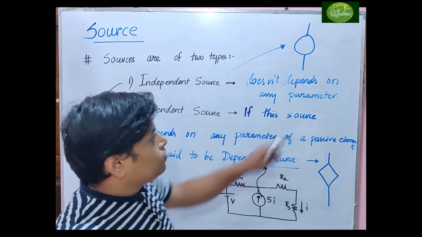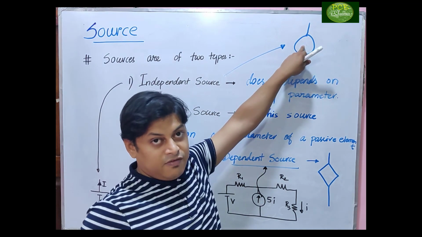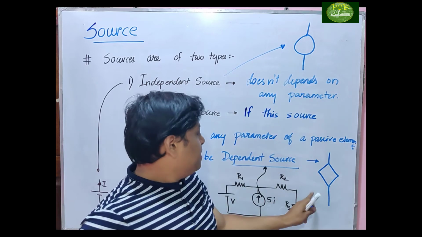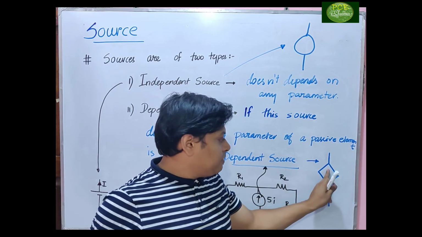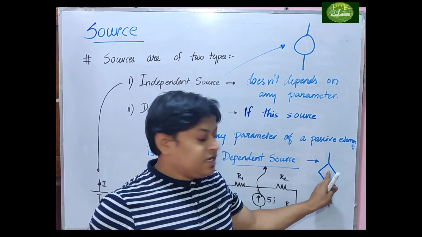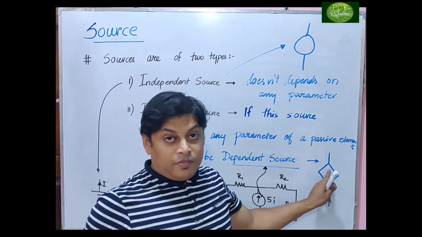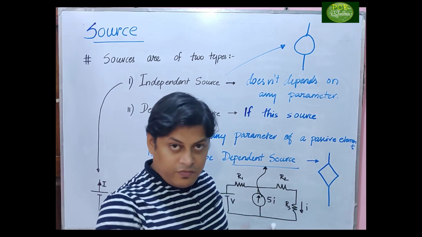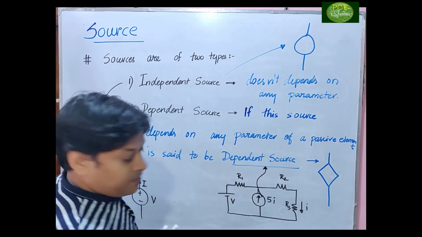If it is a voltage source, we will put positive, negative. Current source, we will give a current direction. Similarly, for the dependent source also, we will give the positive and negative polarity if it is a voltage dependent source. If it is a dependent current source, then we will put a current direction. We will see with the notations.